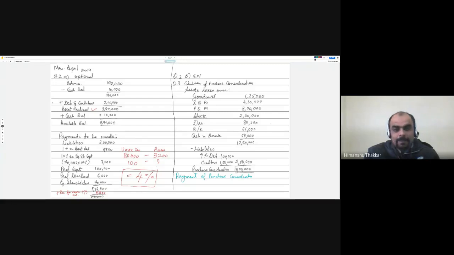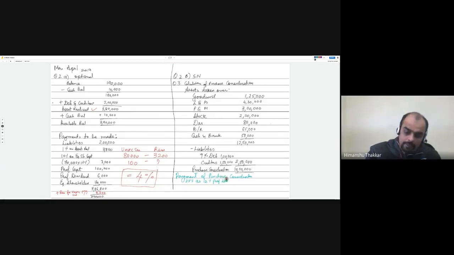So 10 lakhs multiplied by 1 upon 4, or 10 lakhs divided by 4, 2,50,000 is to be paid in the form of preference shares. One half, 5 lakhs, will be paid by issuing equity shares, and the remaining 2,50,000 will be in cash. So that is what we need to do. Let us do it. So 25%, that is one fourth, in the form of 12% preference shares.